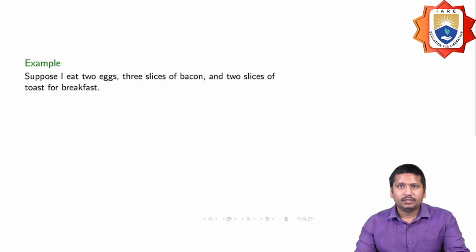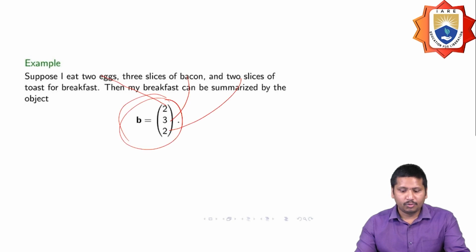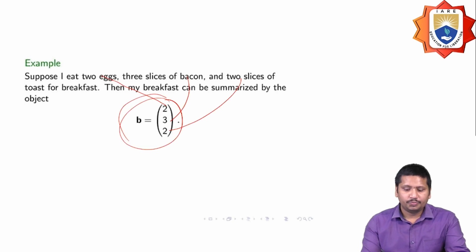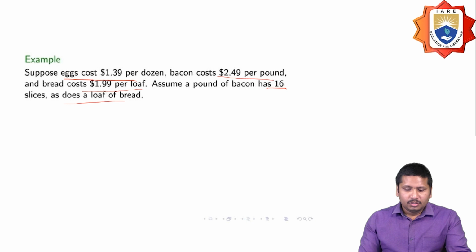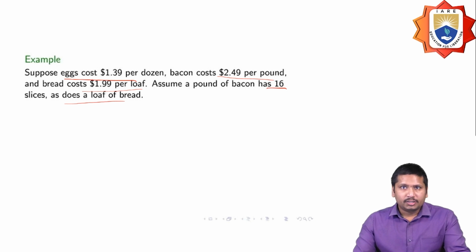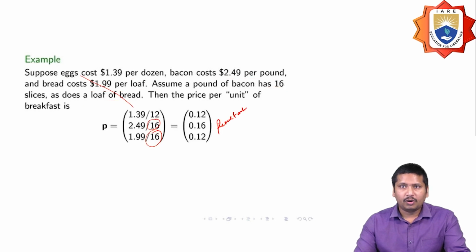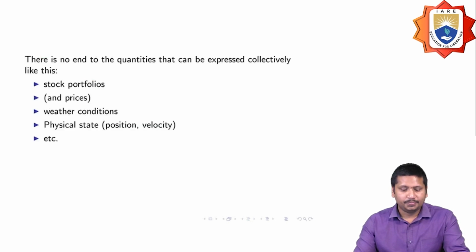For example, 2 eggs can be presented in the vector as 3, bacon in the form of a vector, and 2 slices of toast for the breakfast is 2. Another example is the egg, bacon and bread cost, how much it is. This is how I can calculate the vector here.